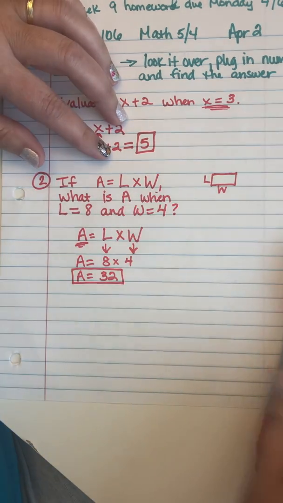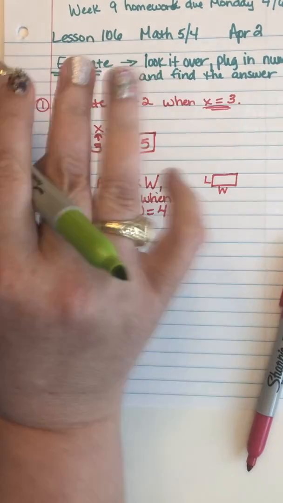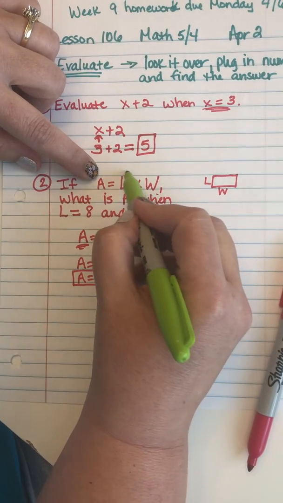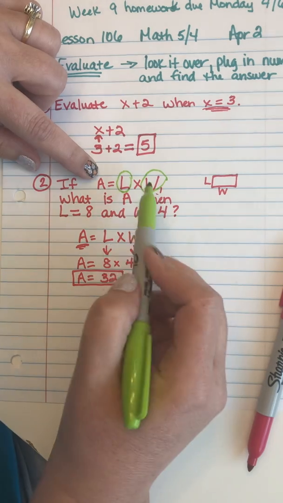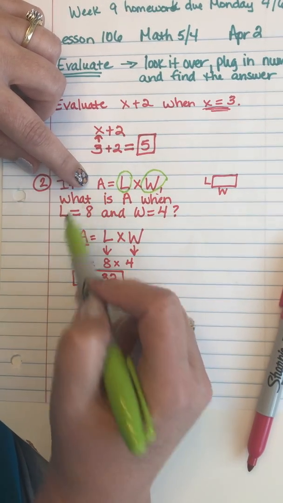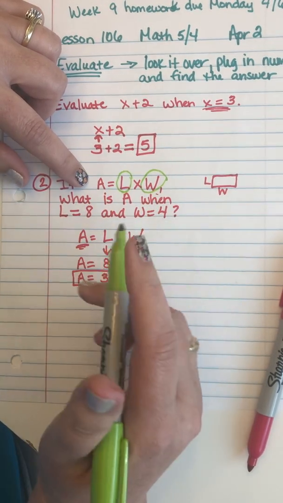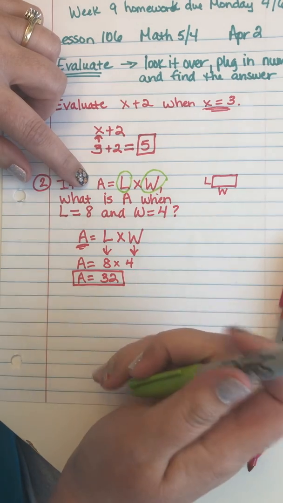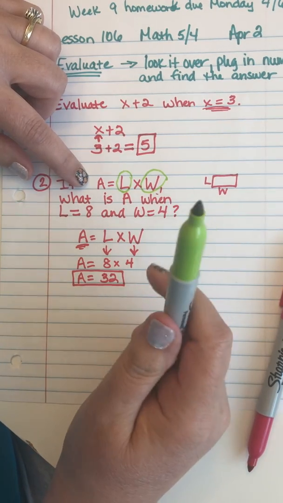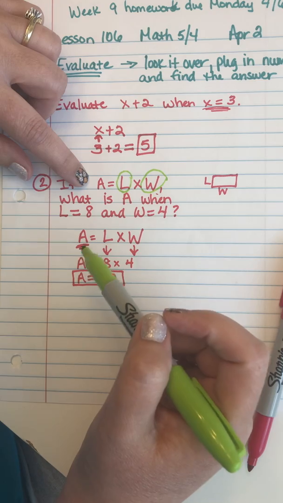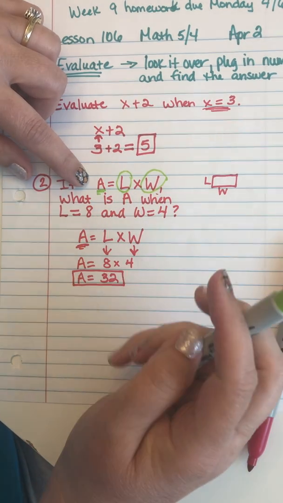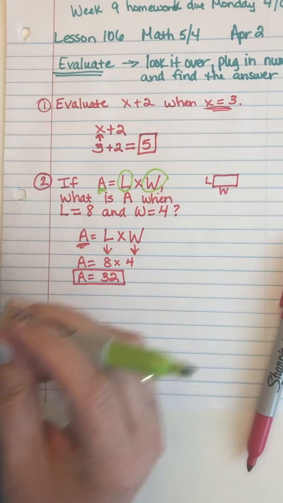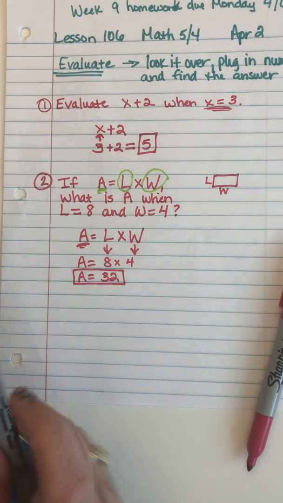In this example, it didn't give us A, but it gave us L and W. So all we had to do was plug in to find A. We've done this on multiplication problems before, and on addition and subtraction problems, where it would give us all but one piece, and we had to find that one piece. It just looks a little different in the way it's set up in this lesson.